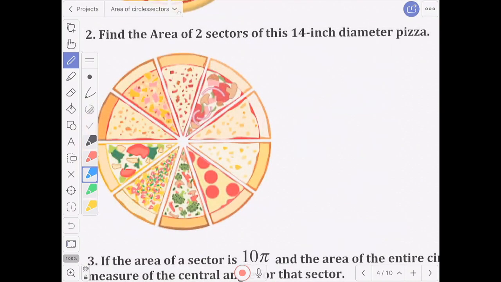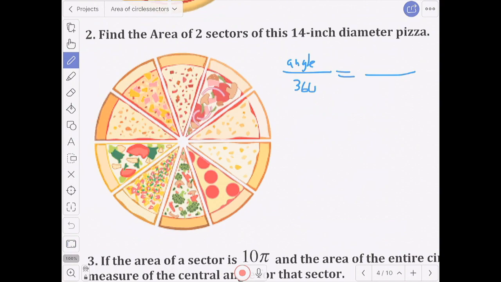Question number 2 says to find the area of 2 sectors of this 14-inch diameter pizza. So we're going to apply the same formula as before. If you want to pause the video and try this yourself, that's very good. I encourage you to do that, especially if you caught the idea of what's supposed to happen. So it's going to be the angle over 360.